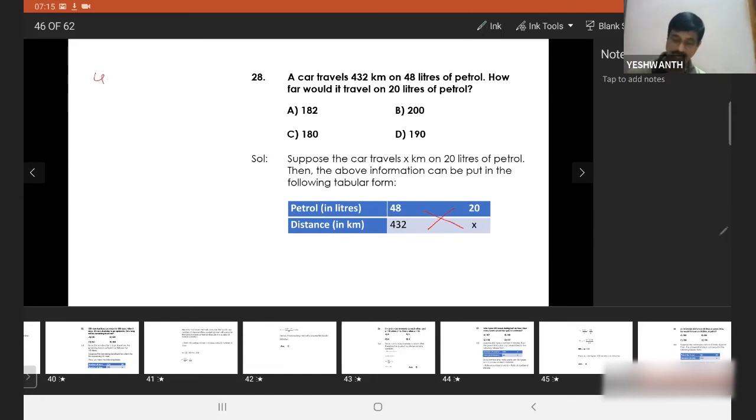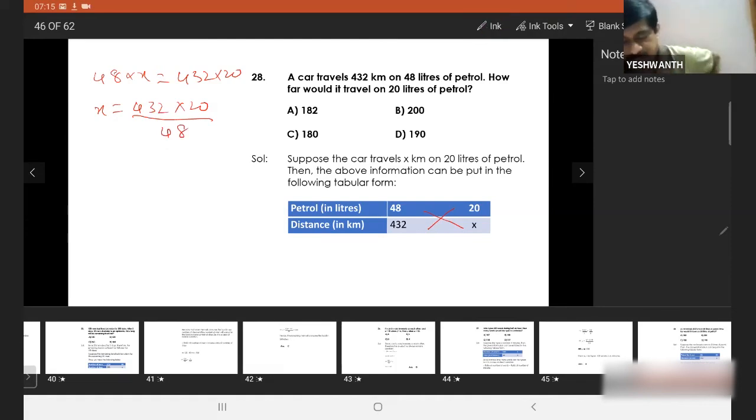So 48 into X equals 432 into 20. Okay. So X equals 432 into 20 by 48. So can we take 48 directly? 4s, if you take? No. 8s? No. So let us see how many times it goes.